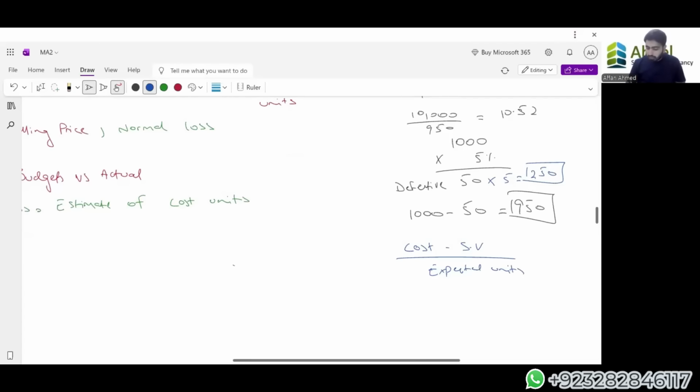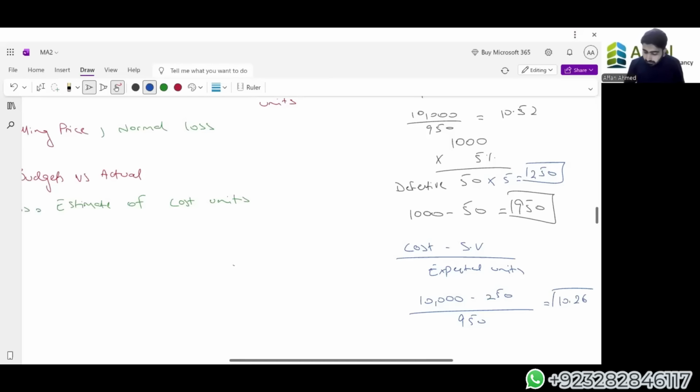Here, if 10,000 was the cost, the salvage value of 50 units was 250 and the expected units were 950, the unit cost is going to be 10.26.